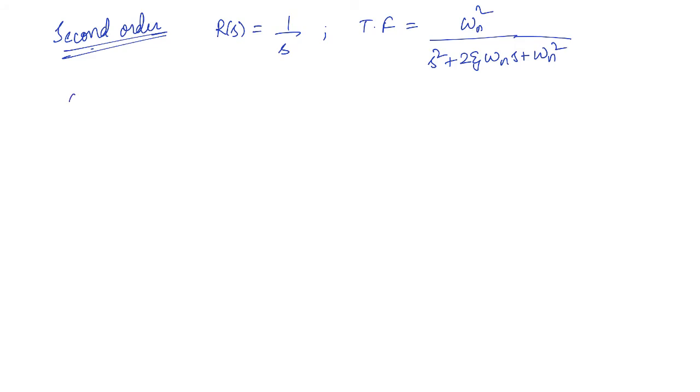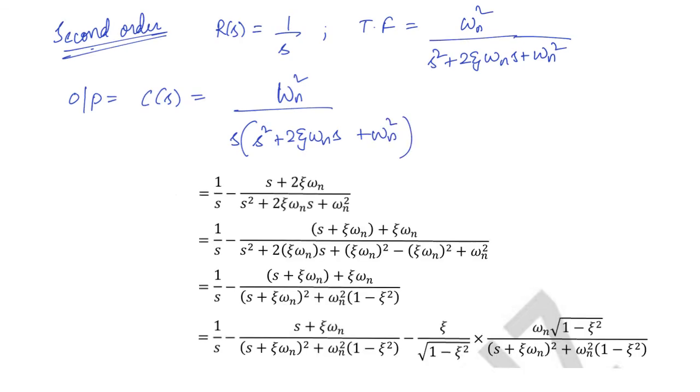So the output we can write as C of s equal to 1 by s into omega n square in the numerator, s into (s square plus 2 zeta omega n s plus omega n square). From here we will follow some rearrangement so that you get this final form.